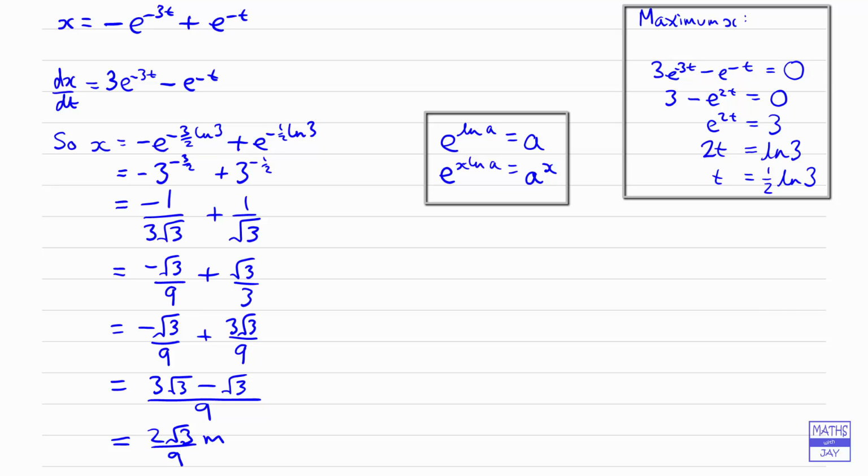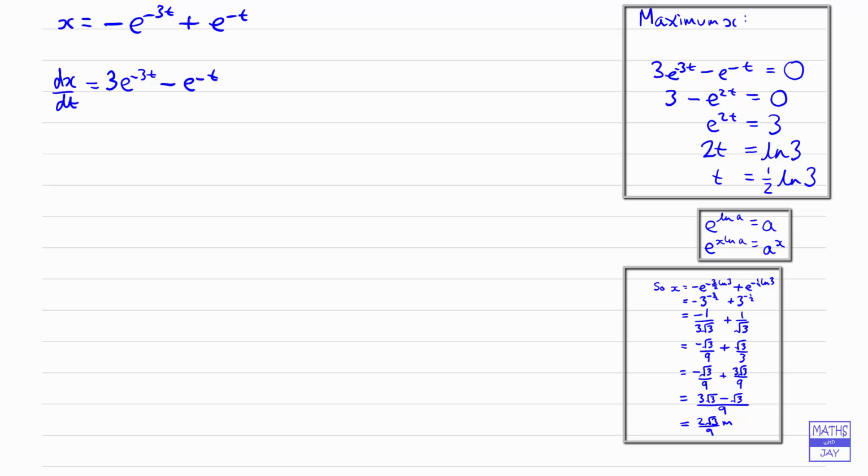So now all we need to do is differentiate again. So we're going to find the second derivative of x and show that we do get a negative value when we substitute in the value of t. So let's give ourselves some more space to do that. So differentiating again, so remember this just means that we're working out d by dt of dx by dt.